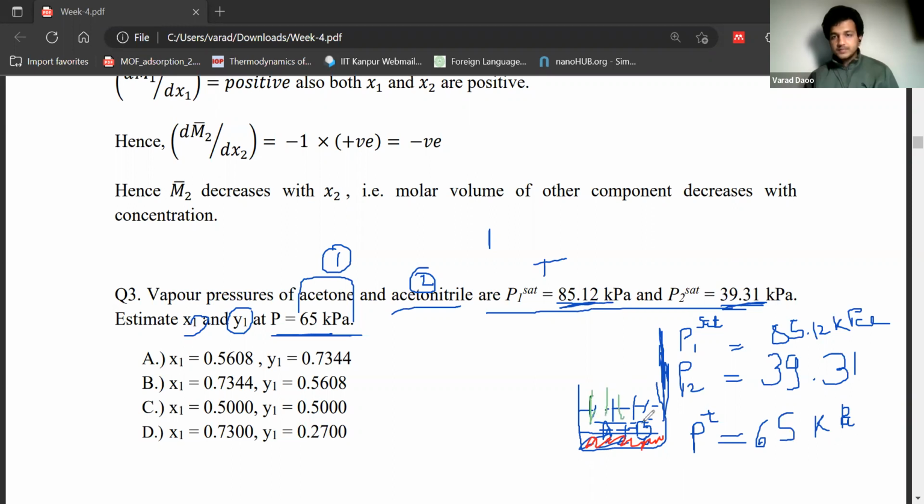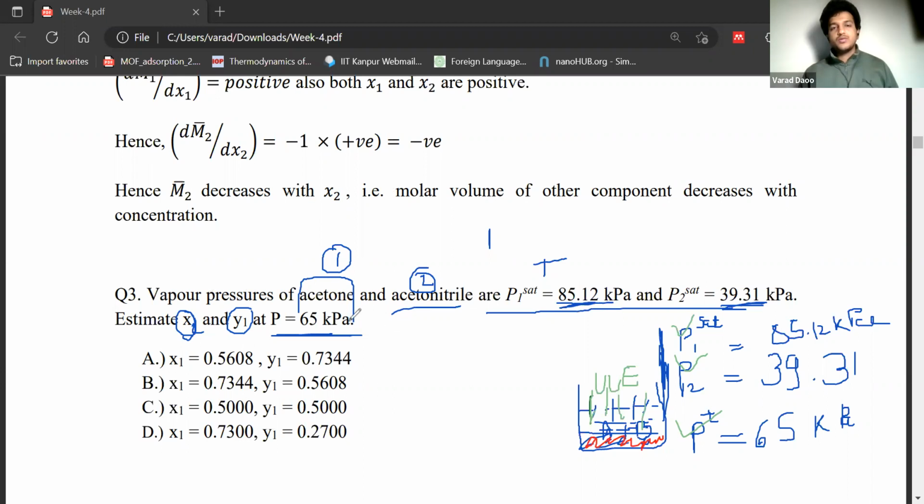So we have a VLE, vapor liquid equilibrium, with these conditions of saturation pressure and total pressure. And we are asked to find x1 and y1. Once we know x1 and y1, we can automatically find x2. Although that is not asked, I'm telling you.